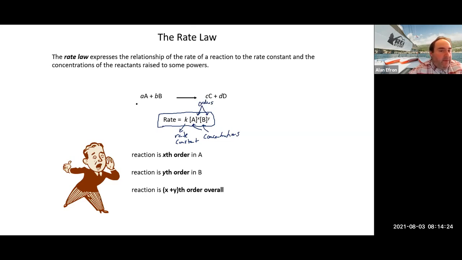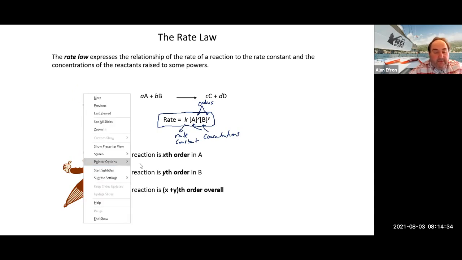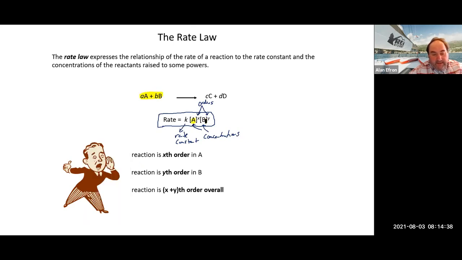One really important thing that's different between a rate law and the rate expression we were dealing with earlier is that the rate law is all about reactants only. Just reactants are involved in the rate law, no products. So when you see a rate law, it is pretty much all reactants that go in there.